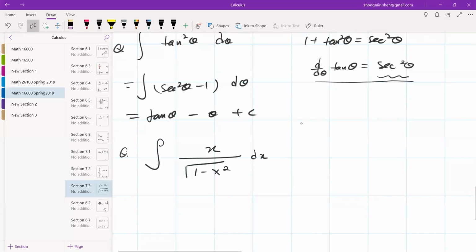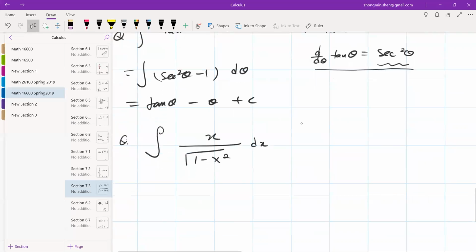Any idea? What is the best way to do it? We should use substitution.